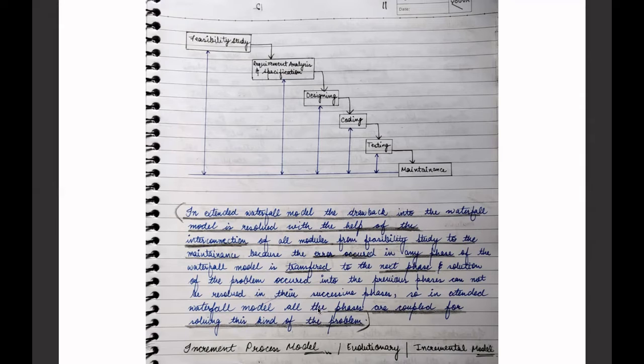At each iteration, design modifications are made and new functional capabilities are added. The basic idea behind this method is to develop a system through rapid cycles and in smaller portions at a time.